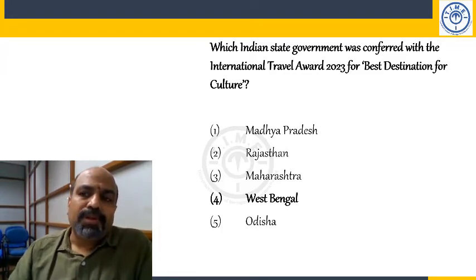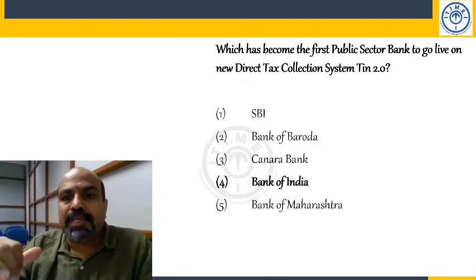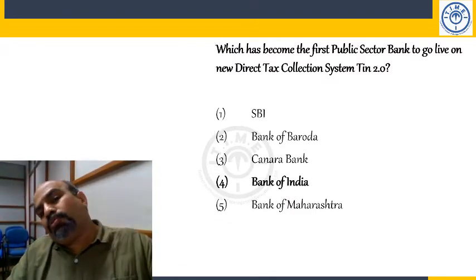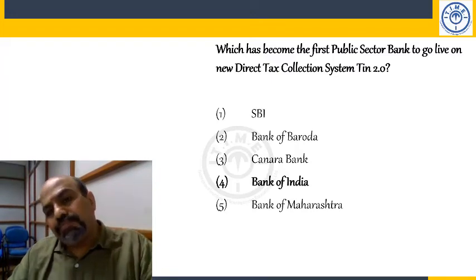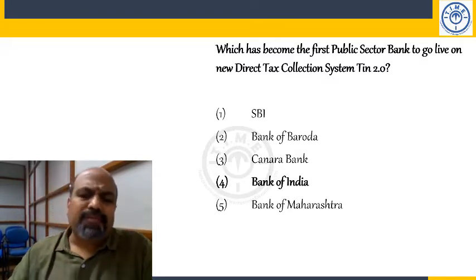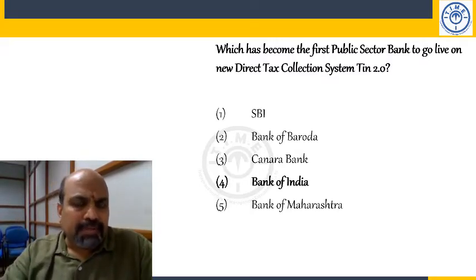Hopefully things work, my friends, and we can go further up the scale. Bank of India has become the first public sector bank to go live on the new direct tax collection system, TIN, Tax Information Network 2.0. This is a one-stop platform through which companies can pay.